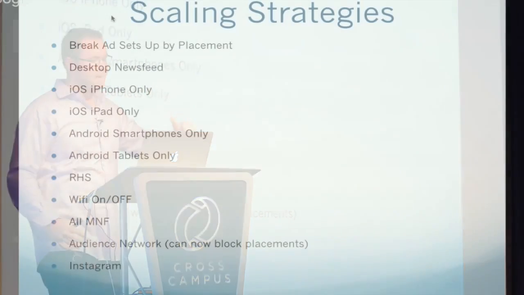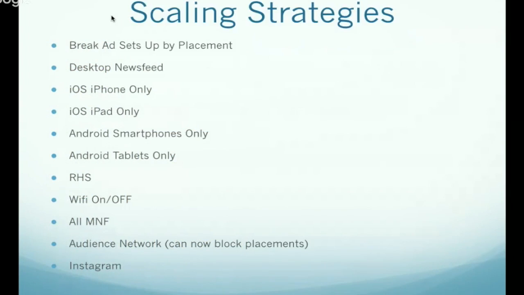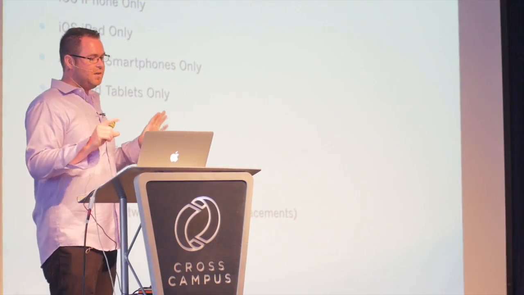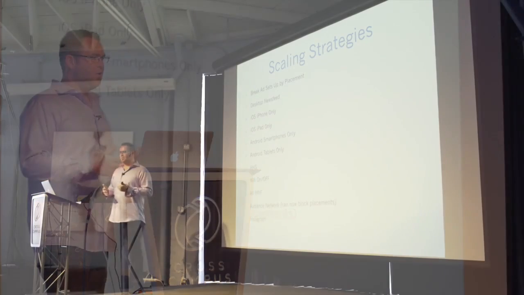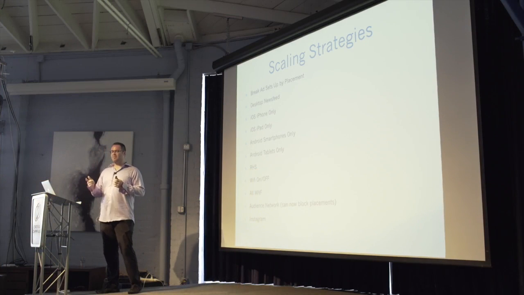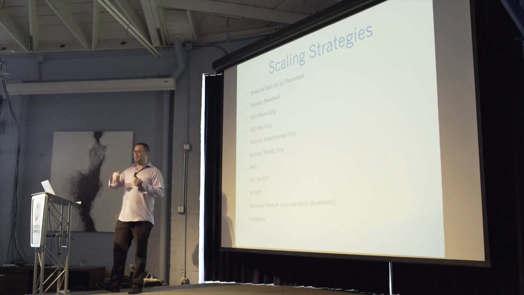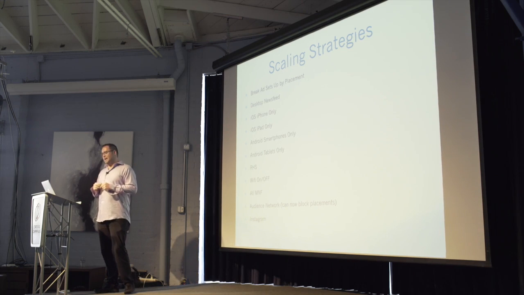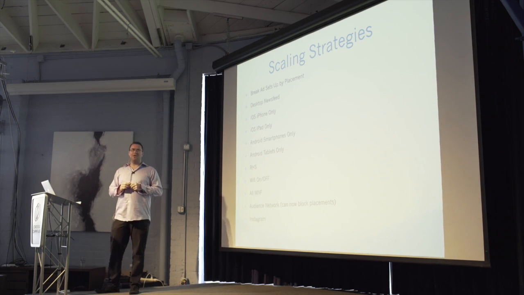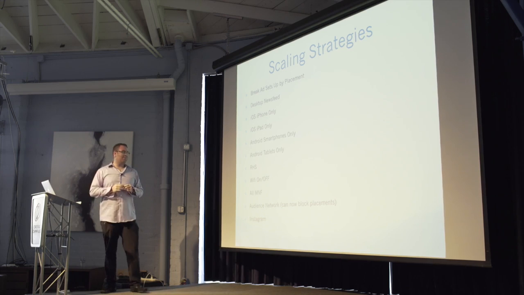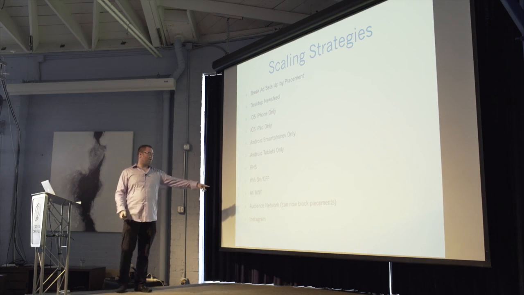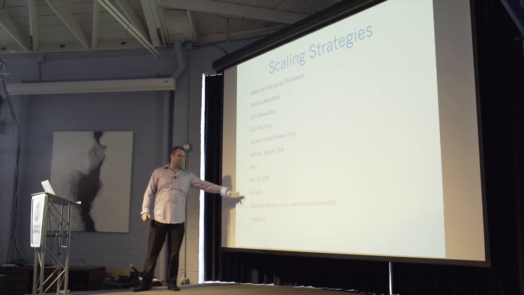Same thing, iPad only. Again, Android smartphones only, Android tablets only. Right-hand side only. Then you can mess around also with Wi-Fi on or off. So you could literally double up your ad sets just by turning Wi-Fi on for one and Wi-Fi off for the other. If it's a smaller audience, or a lower demographic, if you will, that you're going after, then all mobile newsfeed a lot of times works very well.